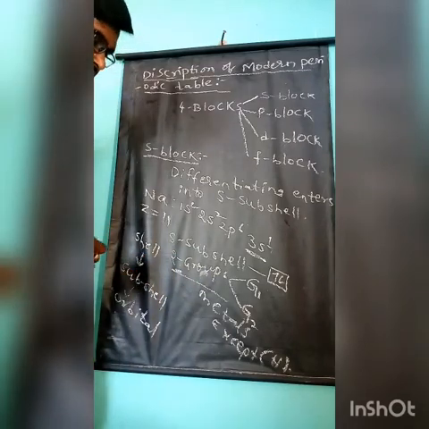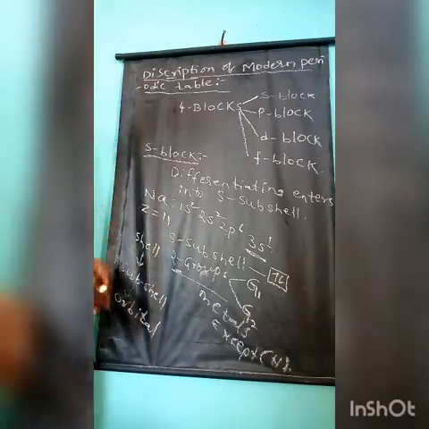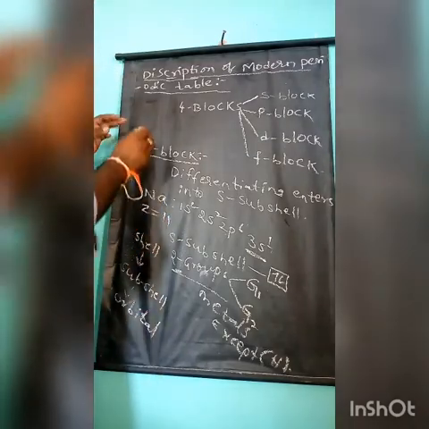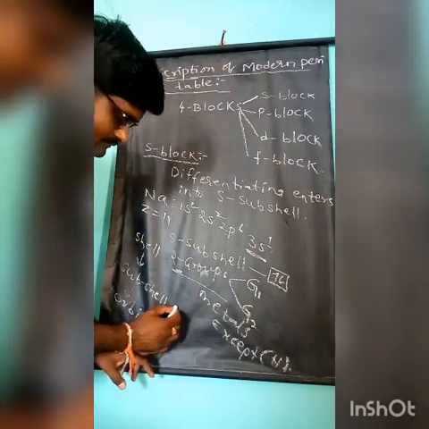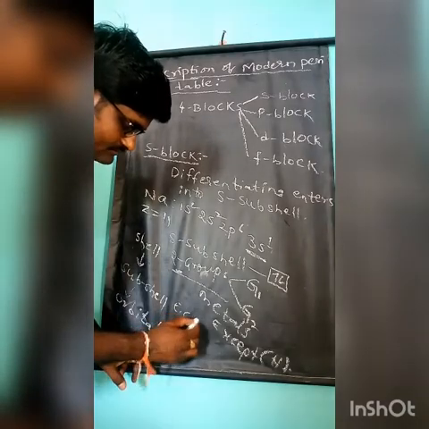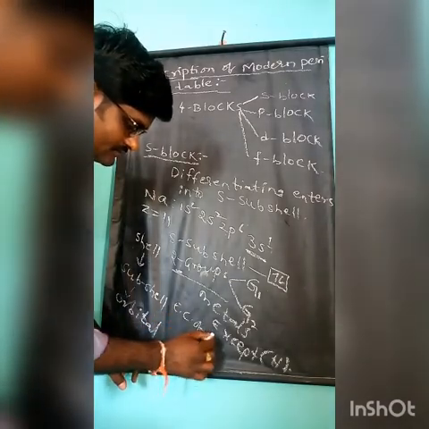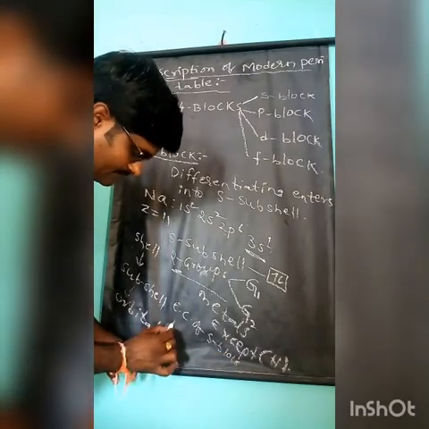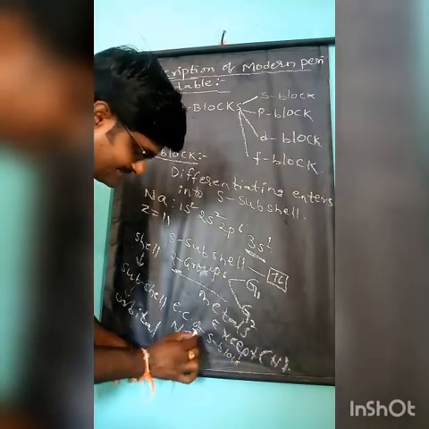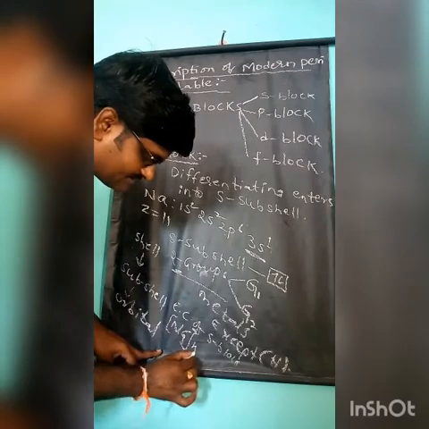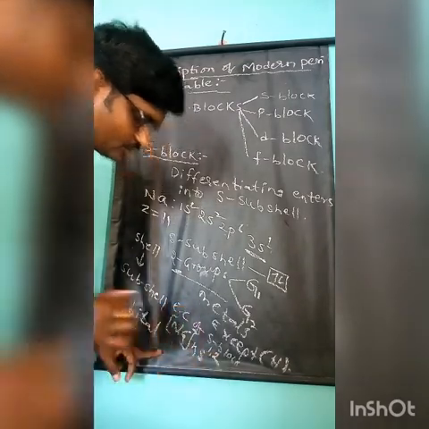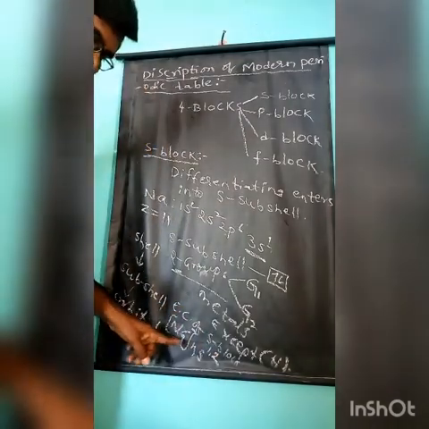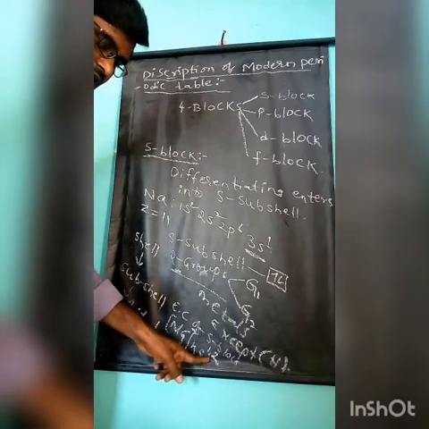Okay, the general electronic configuration of S block elements is inert gas ns1,2.